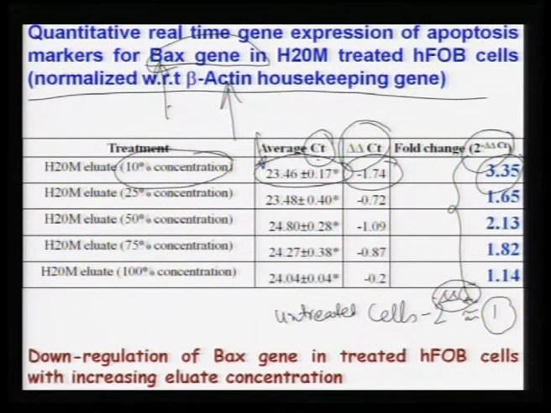Because in untreated cells, their beta actin expression will be the same as the normal cells. So, there will be no difference between the beta actin and the BAX gene, it will be 0, and therefore 2 to the power 0 is nothing but 1. Now, anything higher than 1 here is actually showing more upregulation. So, this is not that much higher than 1.